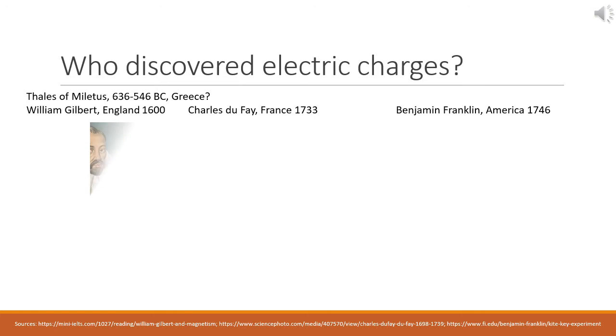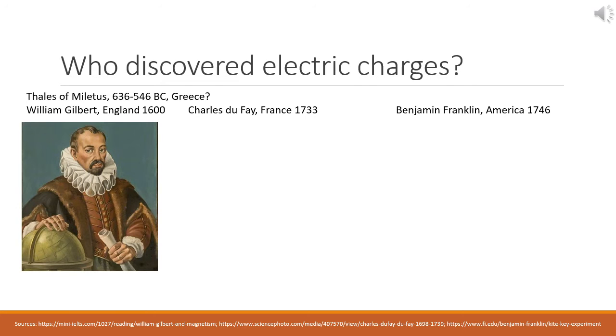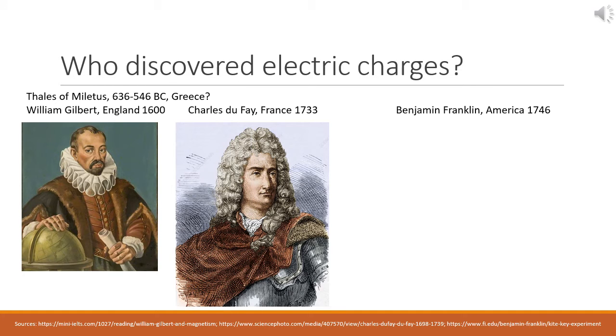In 1600, William Gilbert from England found that many substances rubbed together attract other substances. In 1733, Charles Dufay from France discovered two different types of electricity, which he called vitreous electricity, when glass is rubbed with silk, and resinous electricity, when amber is rubbed with fur.